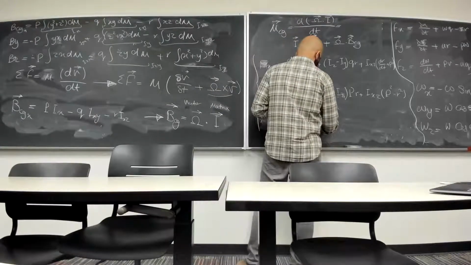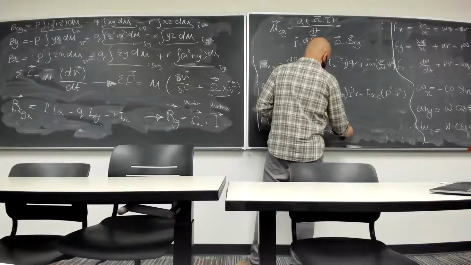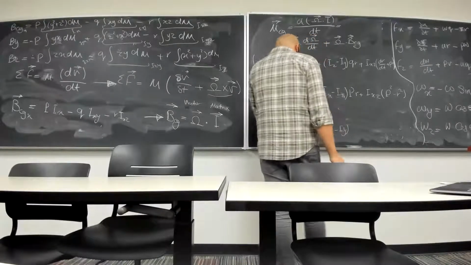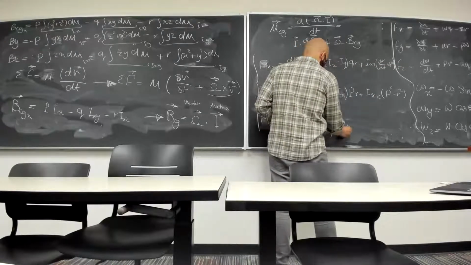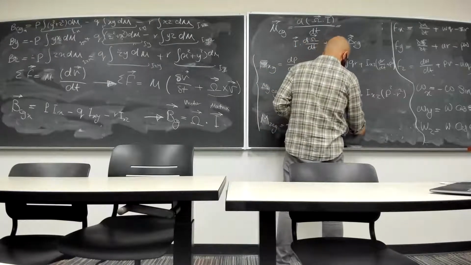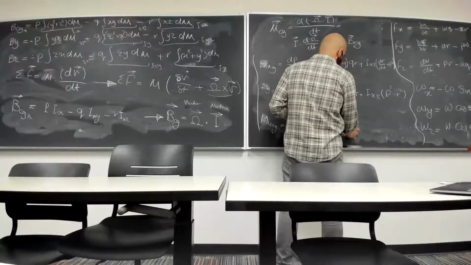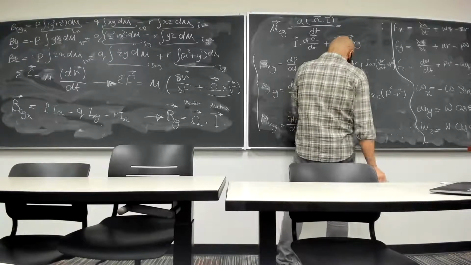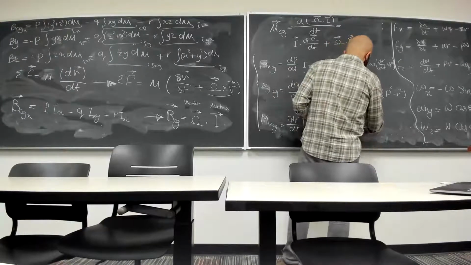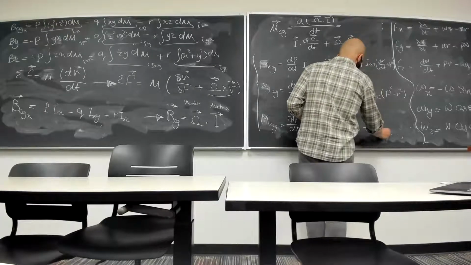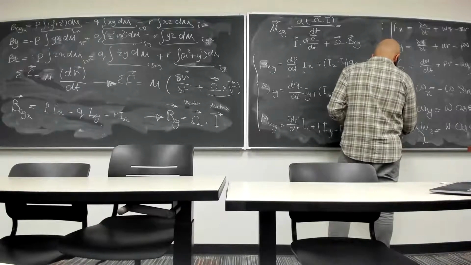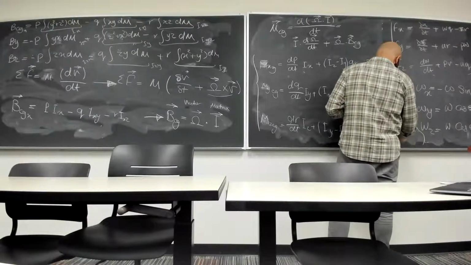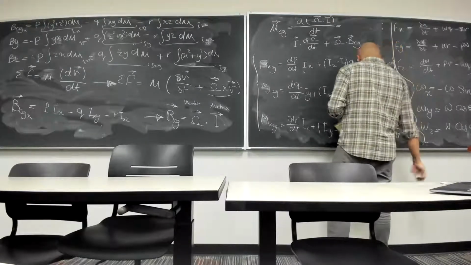I of x minus I of y, right? I of y minus I of x, pq, right? Plus I of xz minus dp dt, qr.